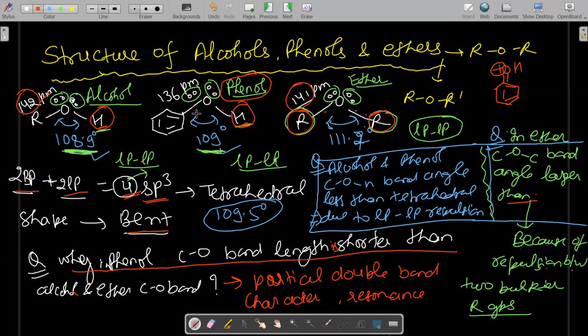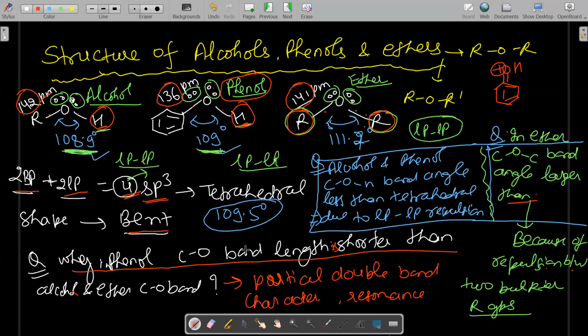But when we go to phenol, the C-O bond length is 136, which is shorter than the ether C-O and alcohol C-O bond lengths. So the question arises, why is the phenol C-O bond length shorter than the alcohol and ether C-O bond lengths? Alcohol is 142, ether is 141, while phenol is 136, so shorter.